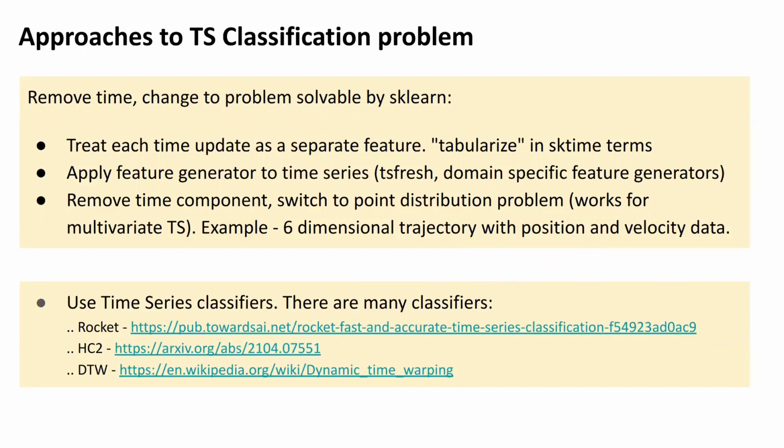What they do is they sort of do classification of different time intervals. The next one, HIVE-COTE 2, is more of an ensemble of other classifiers, and dynamic time warping is based on a good distance for time series, which adjusts them a little bit.